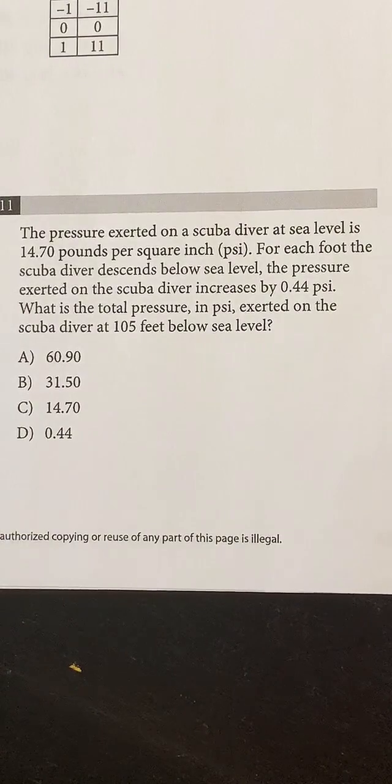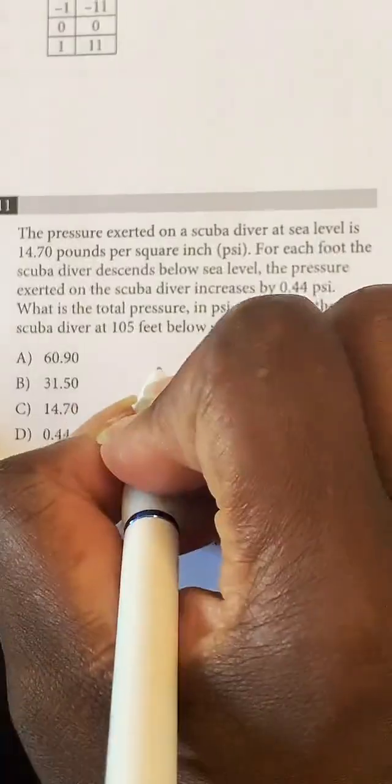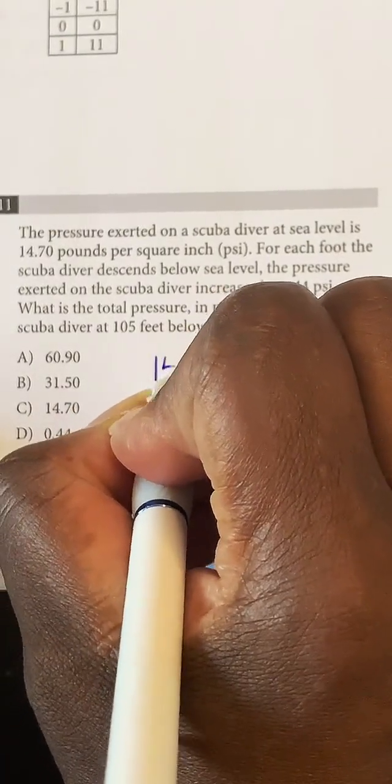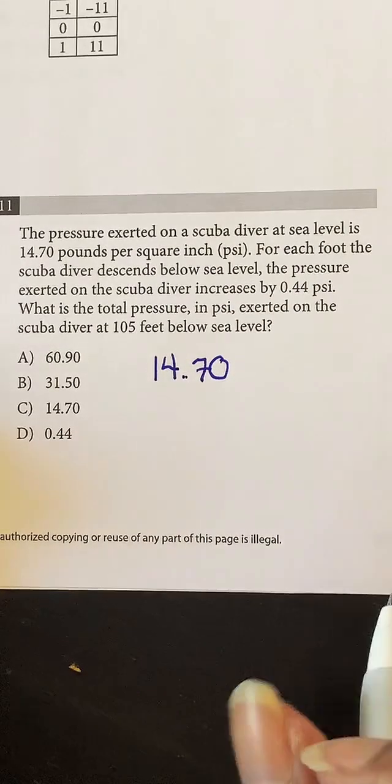So for those that are unsure, because I see a little stagnant with the answers. Okay, thank you for your honesty. All right. So Kimberly is saying B. Kay saying A. Let's take a look. So we started with 14.70, right?